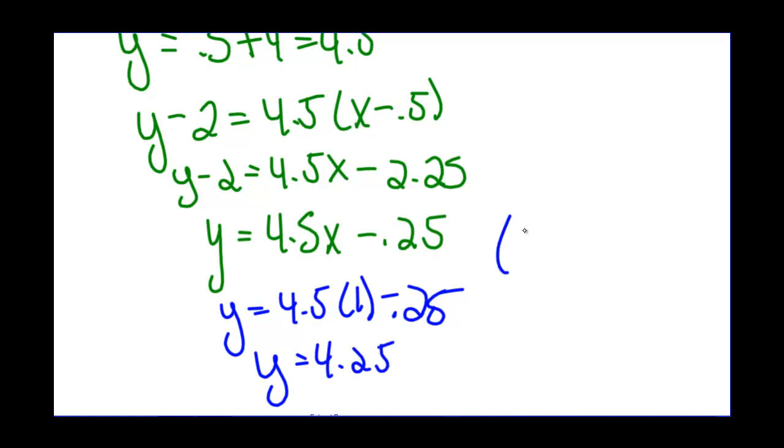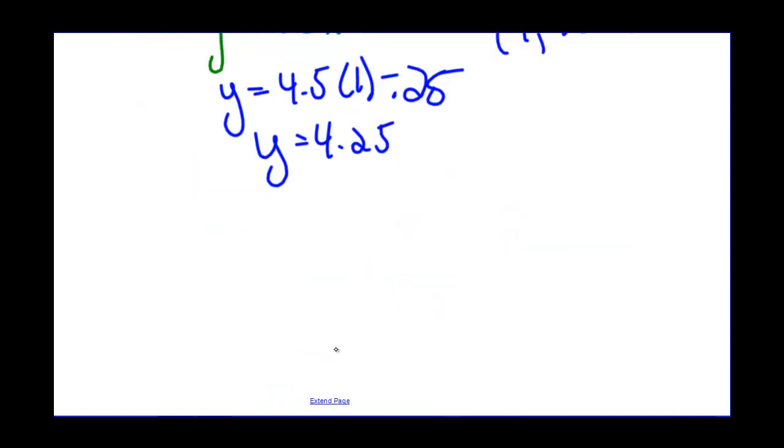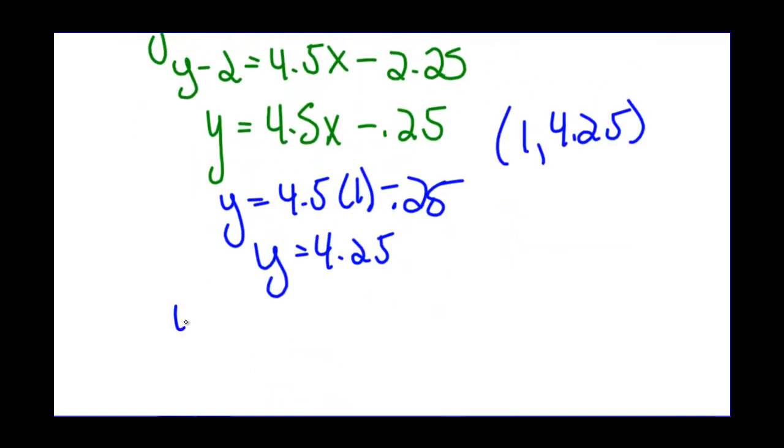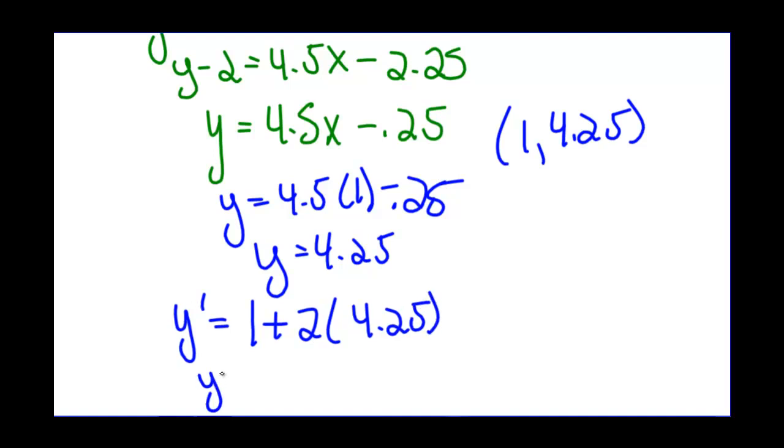So we have the point (1, 4.25). To find our slope, we use our differential equation: y prime equals x plus 2 times y, so y prime equals 1 plus 8.5, which is 9.5.